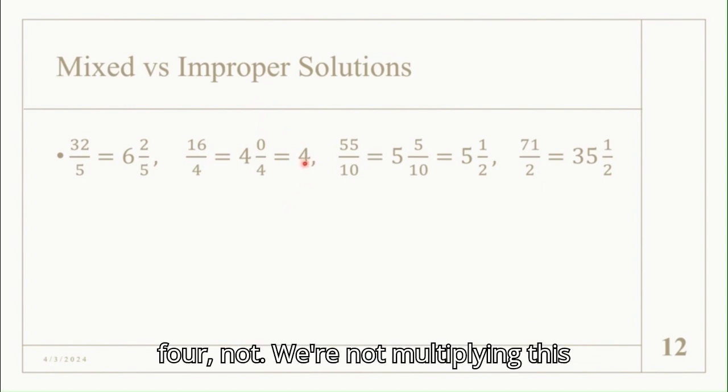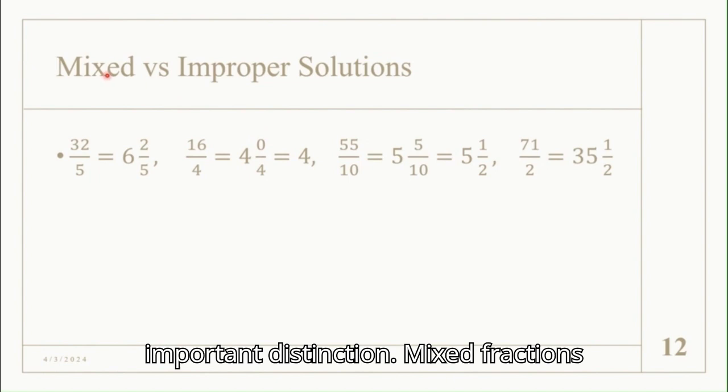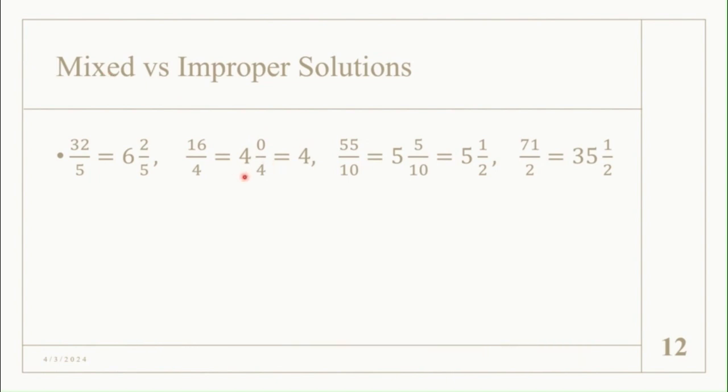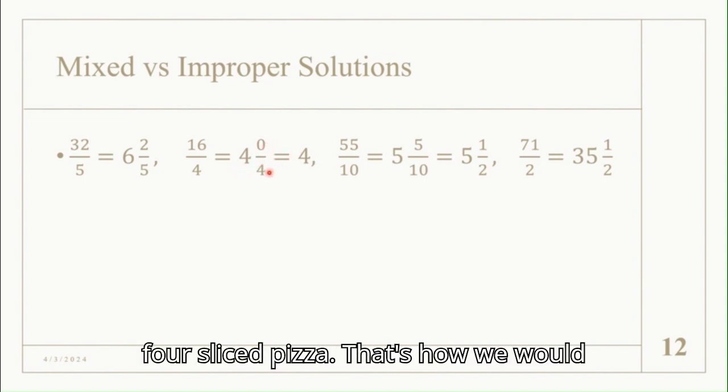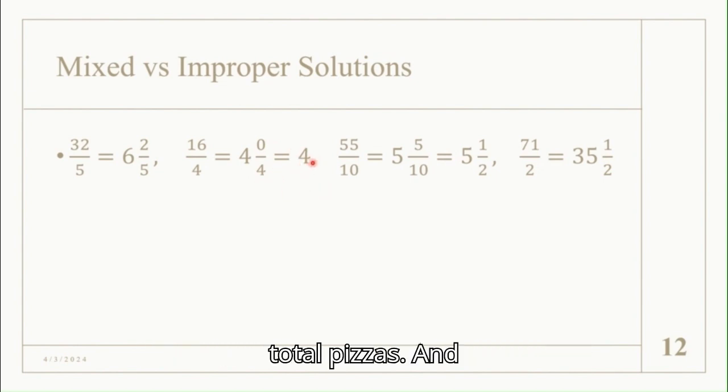We're not multiplying this number by the fraction. And that's an important distinction. Mixed fractions are not multiplication. It's 4 total pizzas with 0 slices of a 4-sliced pizza. That's how we would read this. That means there's only 4 total pizzas.